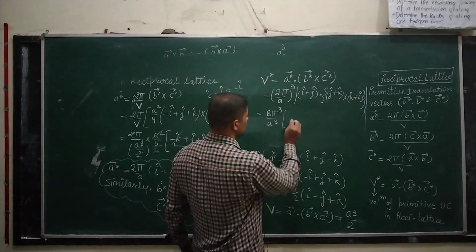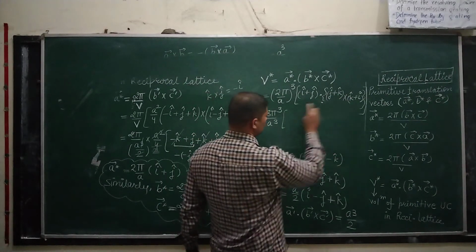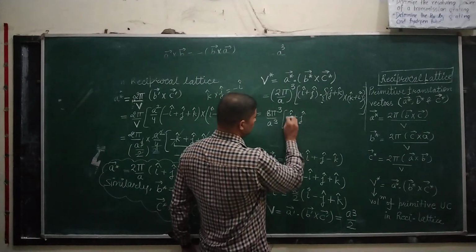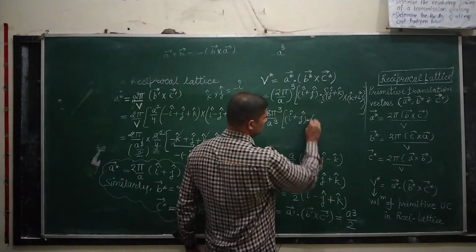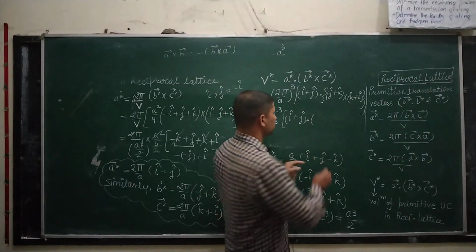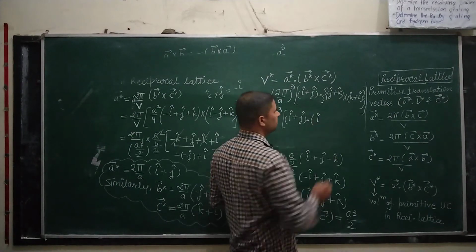Okay, and from here firstly we will solve the cross, and then I plus j, I am taking it as it is and I will solve it. Then j cross k, it will be plus I.